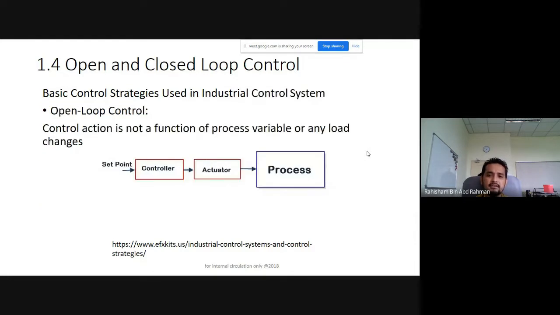It's very simple and straightforward. This is open loop control. What is open loop? By looking at the title, it is open. Open means that we just control the set point at first, and then we don't know what will happen. The process will just operate as what we set.